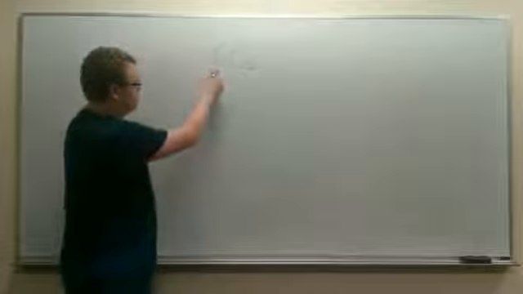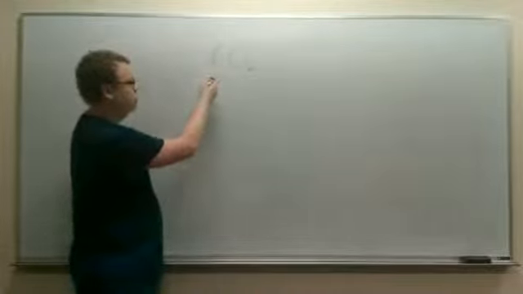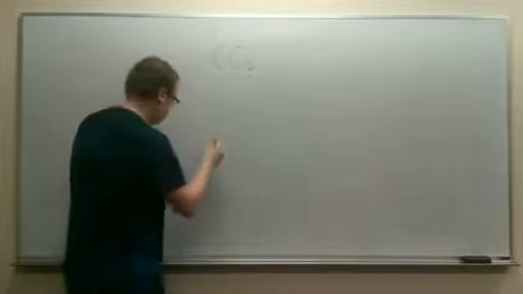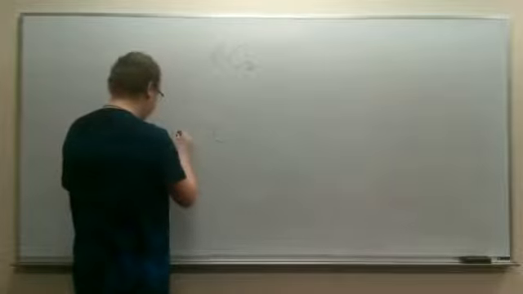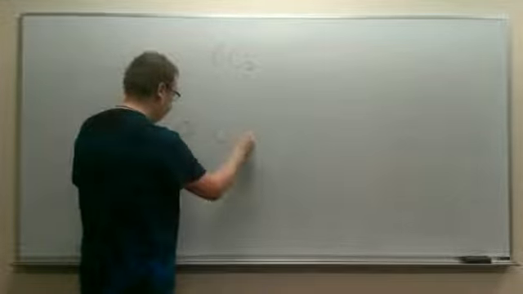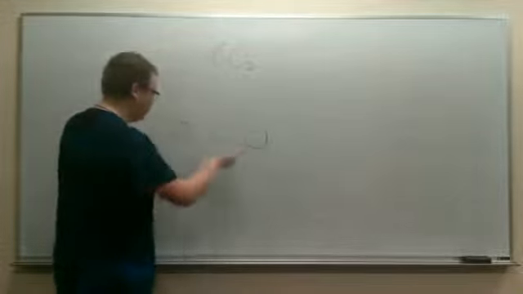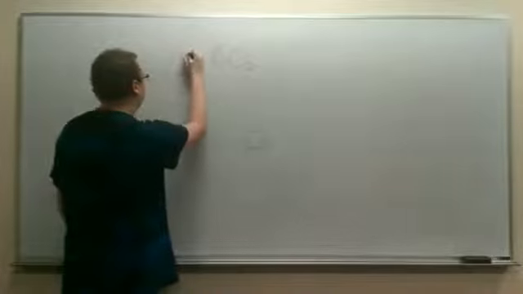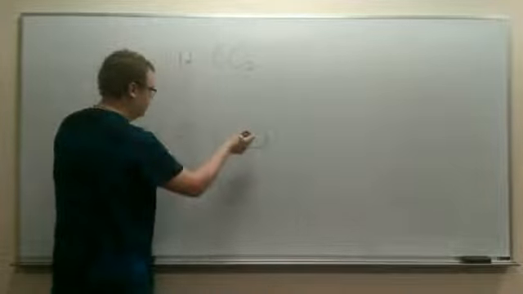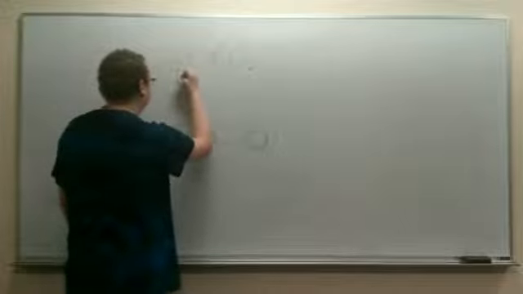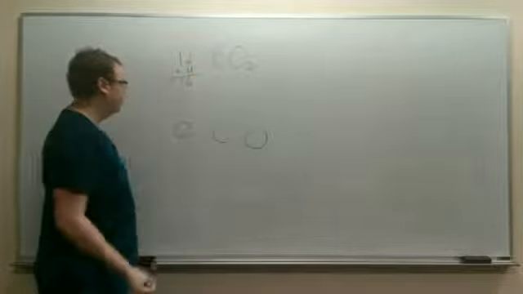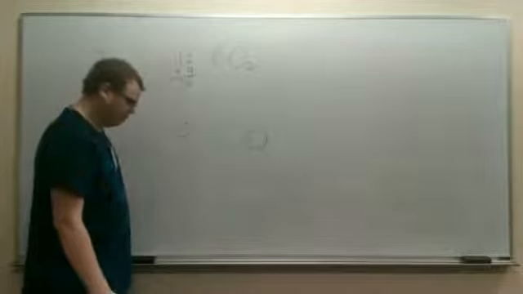Carbon is going to be the central atom because there's 1 carbon and 2 oxygens. So we're going to draw a carbon and 2 oxygens. If we total up the number of valence electrons, each oxygen is 6, plus 4, so we have 16 valence electrons to work with.